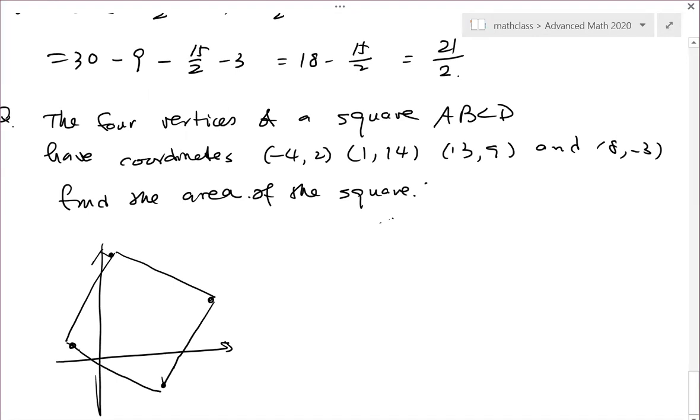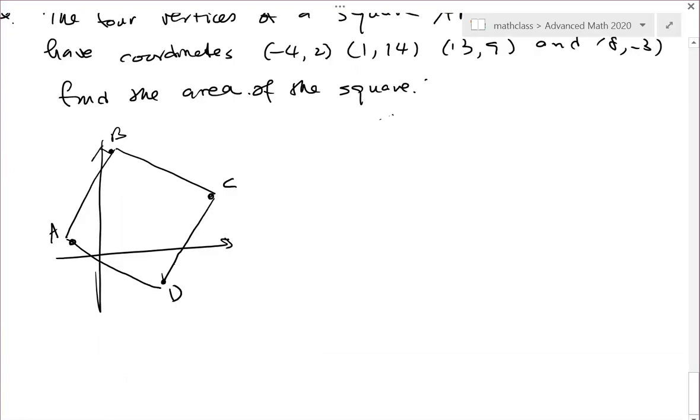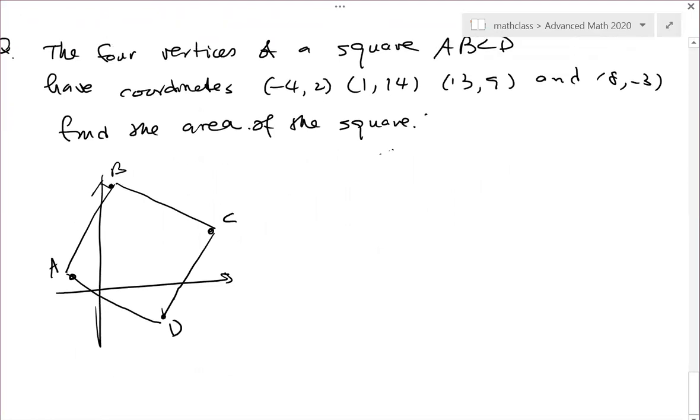So what is the best way to solve the problem? Okay. So you have A, B, C, and D. Since you already know it's a square, all you have to do is just find the distance between A and B, this edge length.